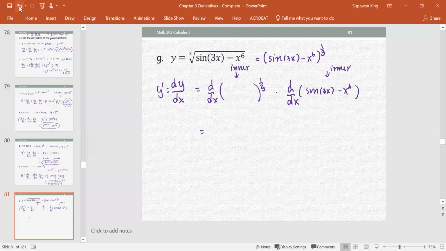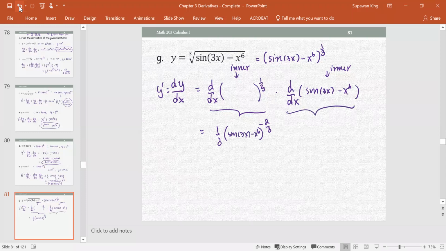We treat the whole inner function as one quantity of the input. So the derivative of some quantity to the power 1/3 is 1 over 3 of that quantity to the power negative 2 over 3. Remain the input as the whole sine of 3x minus x to the power 6.